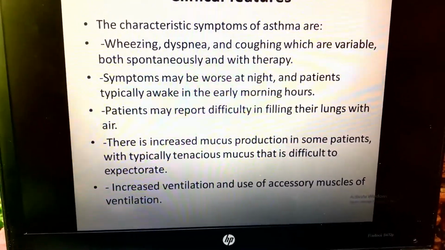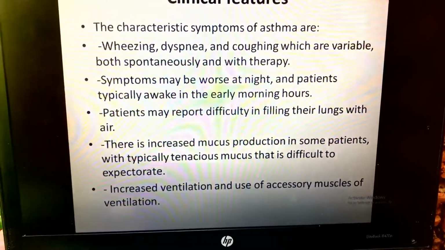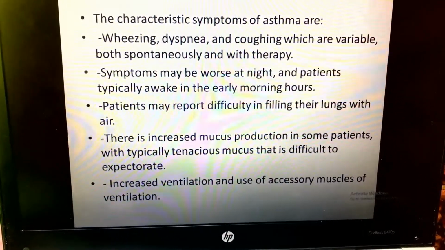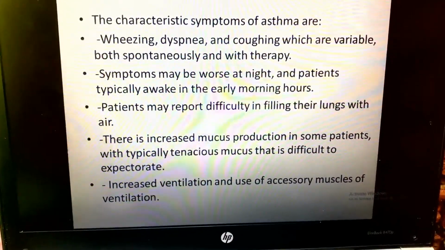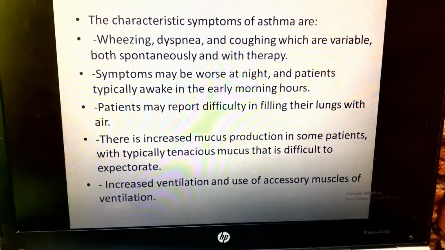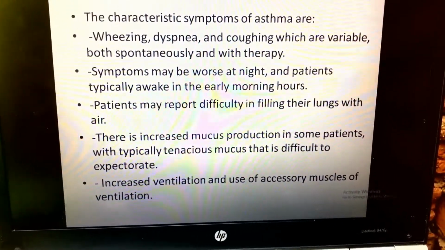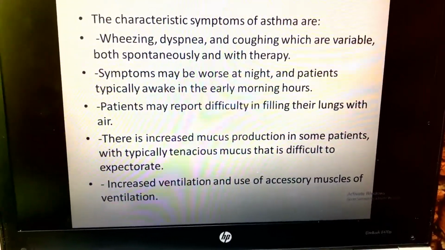The patient can report difficulty in filling the lungs with air. There is increased mucus production in some patients, typically tenacious mucus that is difficult to expectorate. There is increased ventilation and the use of accessory muscles of ventilation also. Okay.